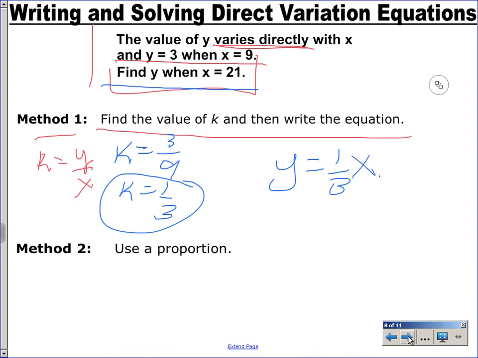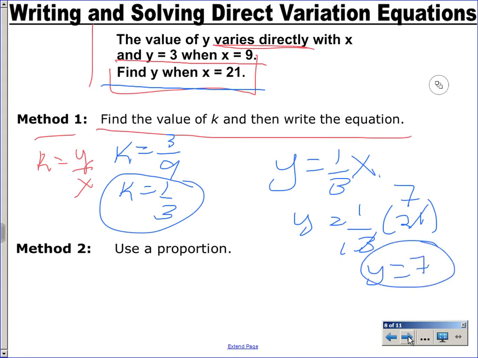Find the value of y when x is 21. So y equals 1/3 times 21. I'm going to cross cancel, and I get y equals 7. So for this direct variation here, if I'm solving for y when x is 21, the answer is y would be 7.